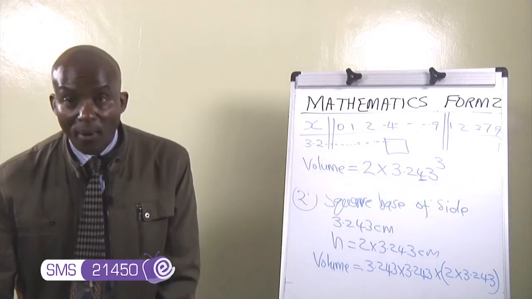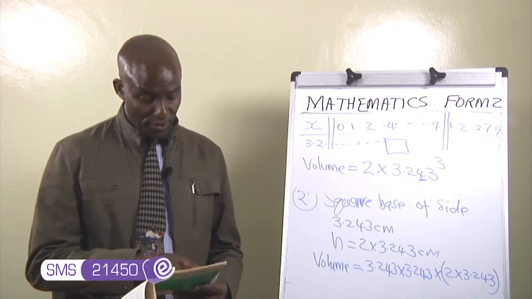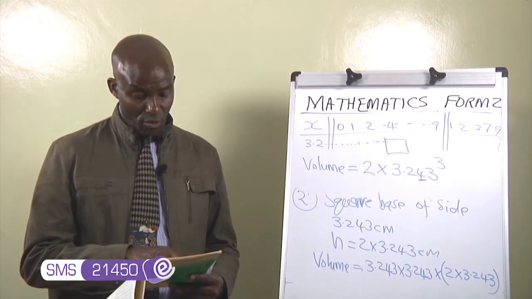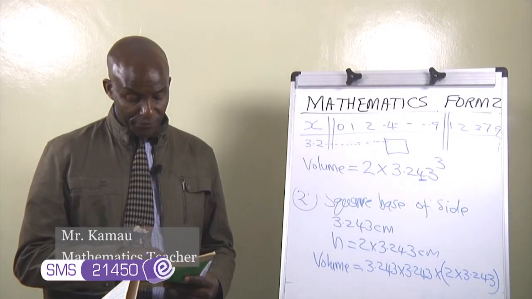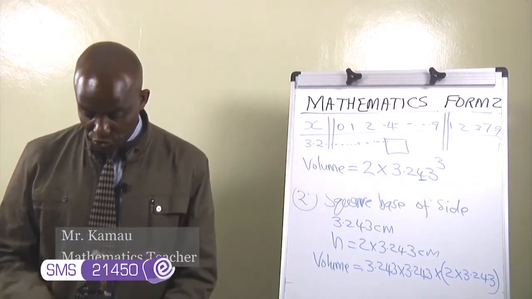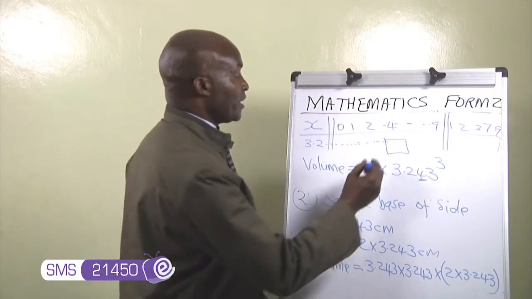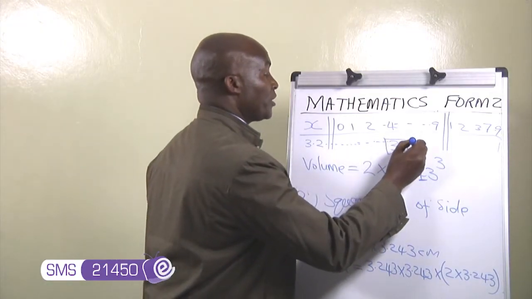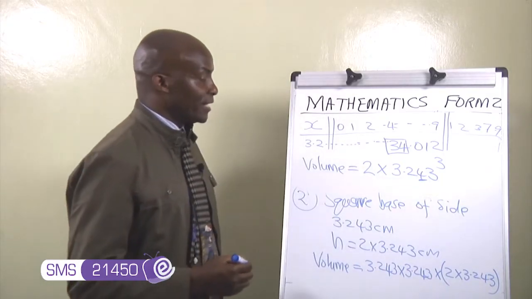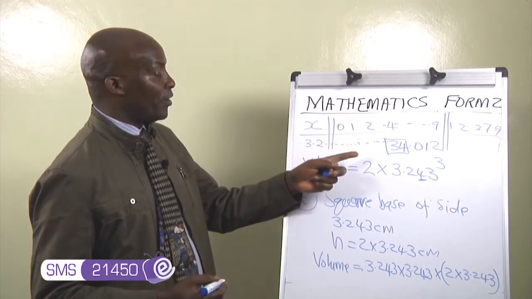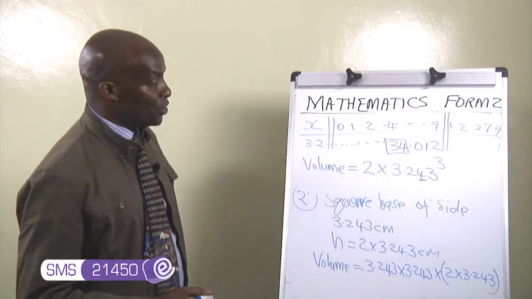So let's go to our mathematical tables. 3.2, then under column 4 we have the number 34.012. So that means the cube of 3.24 is 34.012.